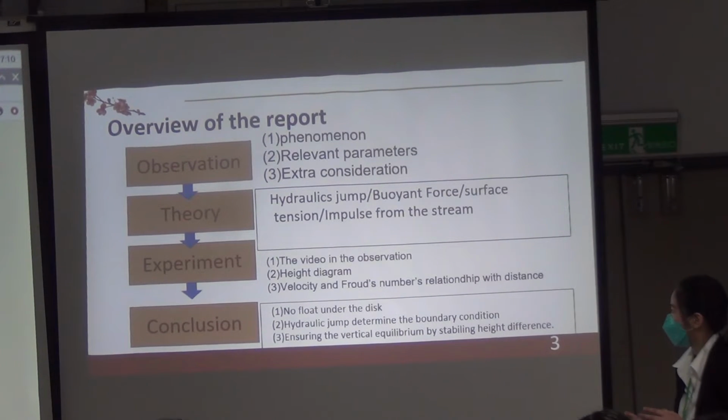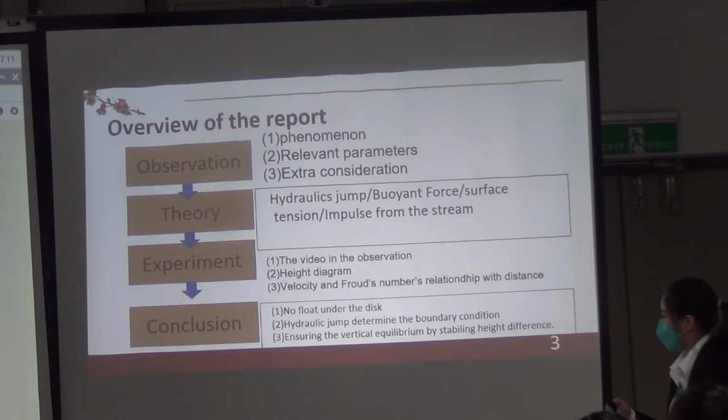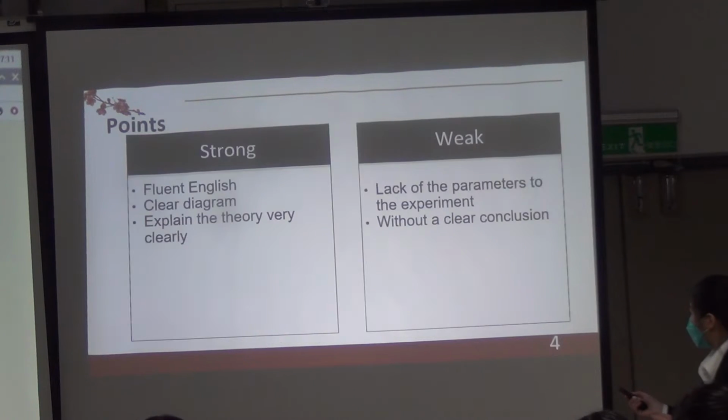In the experiment part, he showed videos in the observation and also the height. And the velocity and flow number have a relationship with the distance. For the conclusion part, he said that there is no flow on the disk and the hydraulic jump is determined by the boundary condition, and also ensures the vertical stability by the height effect.